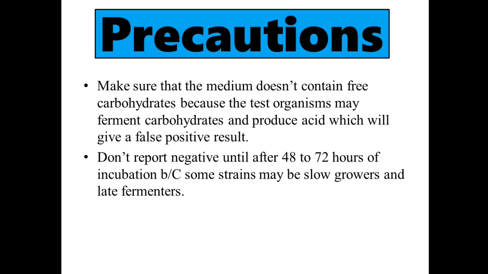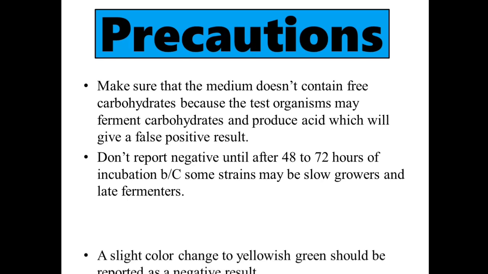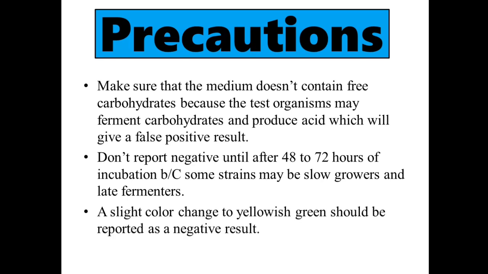Next, if after 24 hours you see no color change, try to keep the test for the next 48 to 72 hours, because some strains may grow slowly, and may be late fermenters. The next precaution is that if you observe a slightly yellowish color, remember to report the result as negative. This is a really important point.